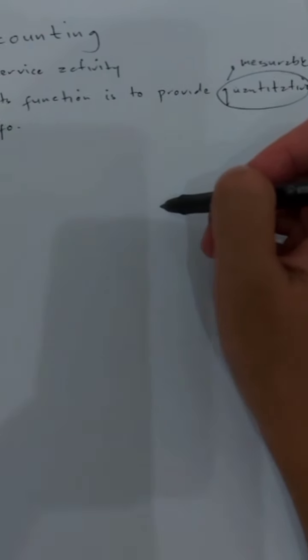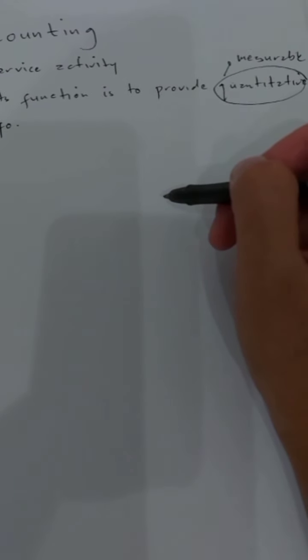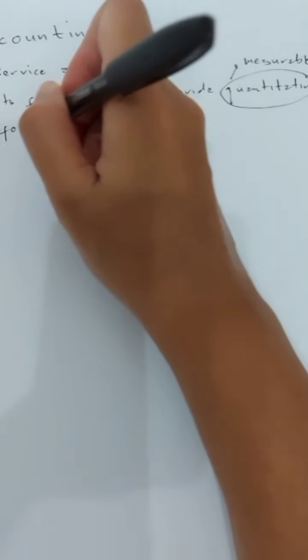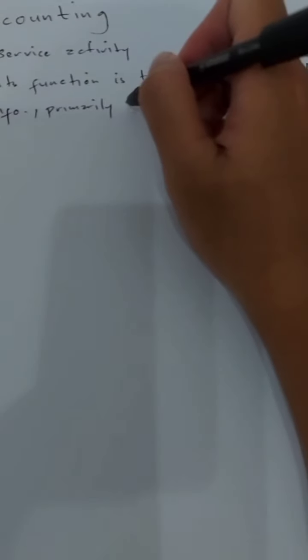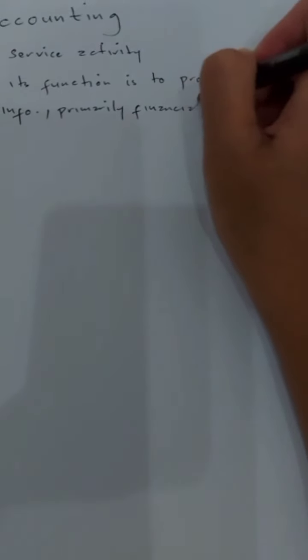quantitative information. So pag sinabi natin quantitative, it means measurable. So nasusukat. Okay, so measurable. To provide quantitative information, primarily financial in nature. So, pag sinabi natin financial, syempre ang iniisip natin ay money. Okay.